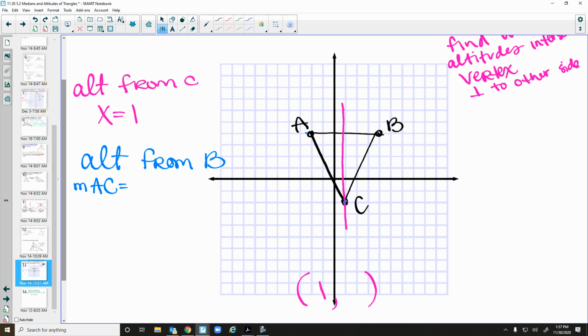Don't trust my drawing. 1, 2, 3, 4, 5, 6 over 3, so -2. Which means the slope of our altitude has to be perpendicular to it, so a positive 1/2. Slope, m. Oh, sorry.